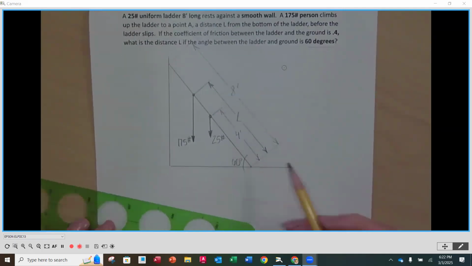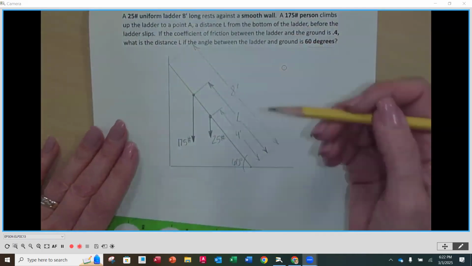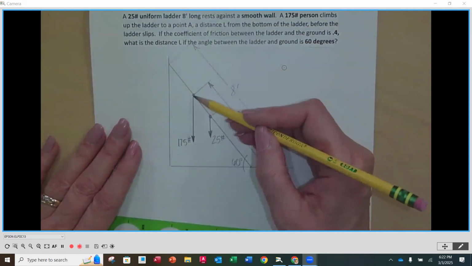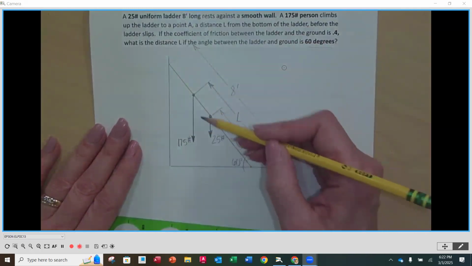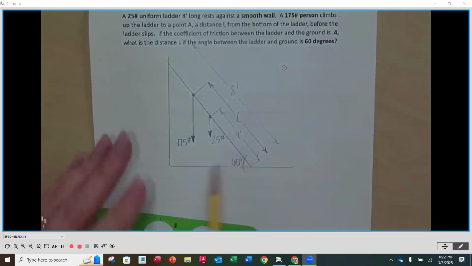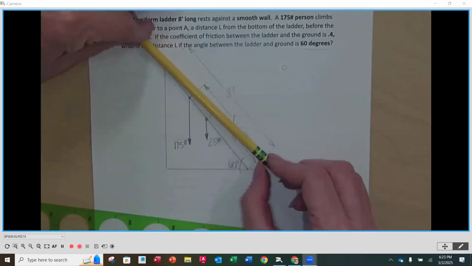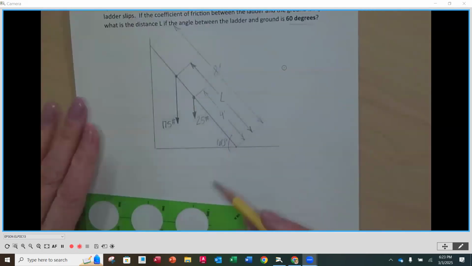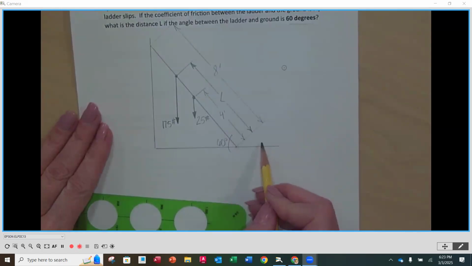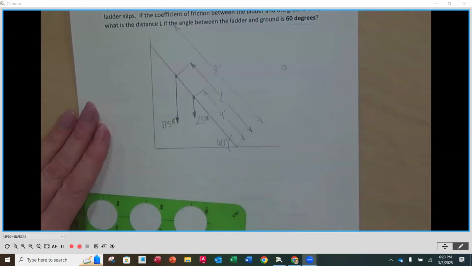What that means is, if you think about how this is going to move, if I'm pushing down on the ladder here with its weight and the person, this ladder is going to want to move this way. The motion is going to go to the right. Do you guys agree with that? So that means the friction is going to oppose the motion.